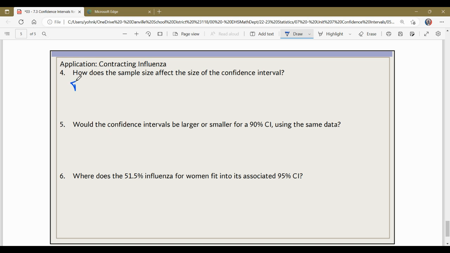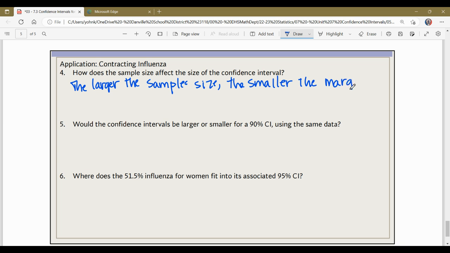So the larger the sample size, the smaller the margin of error, and the narrower the confidence interval.